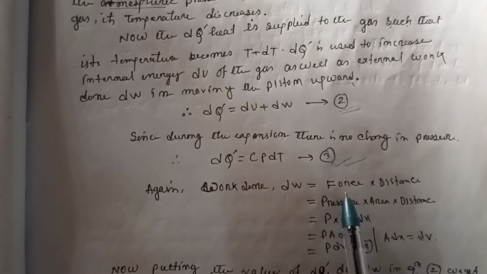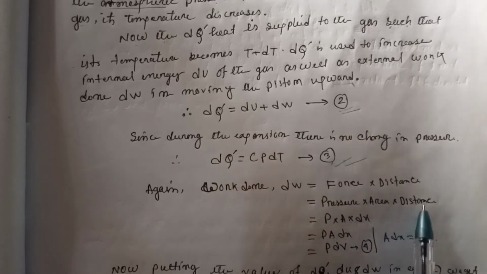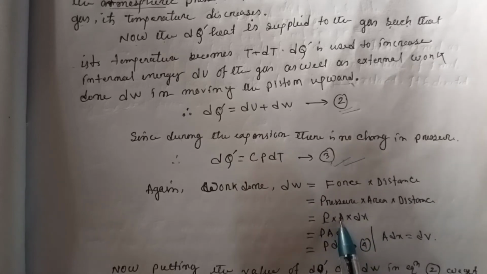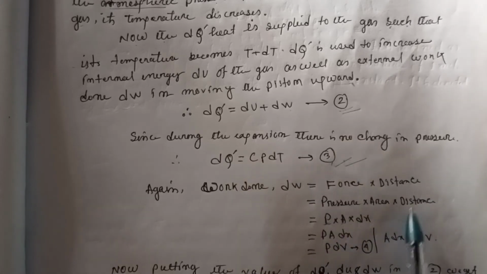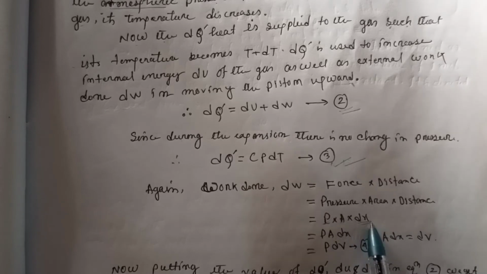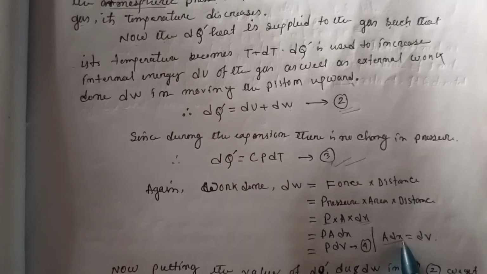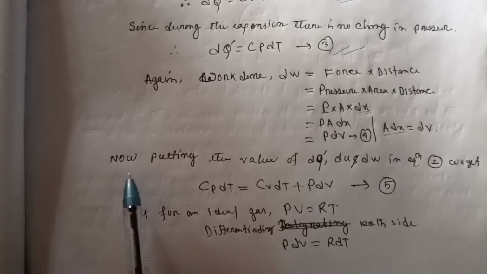We can write force equal to pressure into area, into distance. Pressure is denoted by P, area is denoted by A and distance is denoted by dx. So we get PA dx, which is equal to P dV. A dx equal to dV.